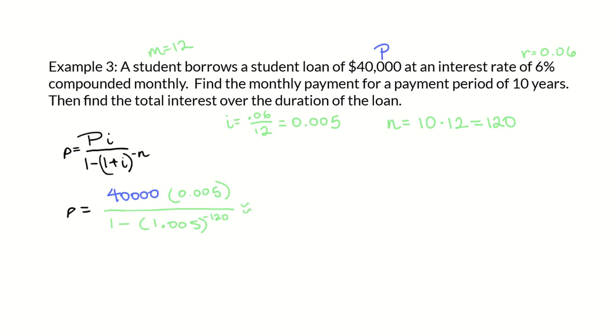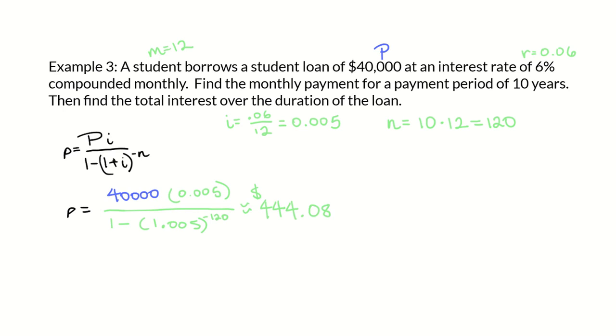Now this is approximately $444.08 for each payment. So that's the amount that will be made for each monthly payment for this student loan.